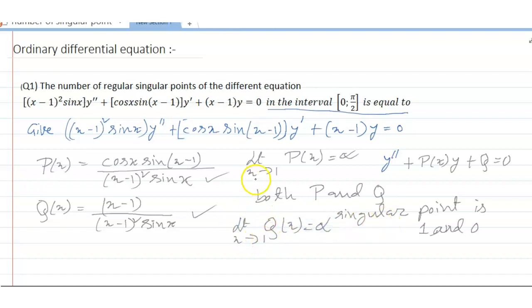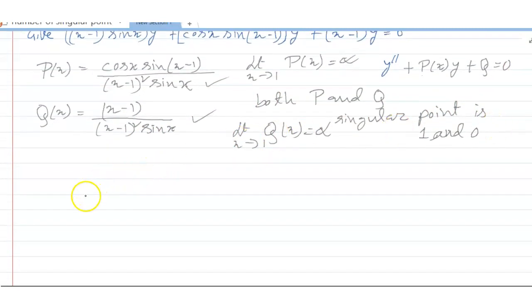And as x tends to 0, you can get that 0 and 1 both are singular points. Similarly, limit x tends to 0 p(x) tends to infinity, and limit x tends to 0 q(x) tends to infinity.